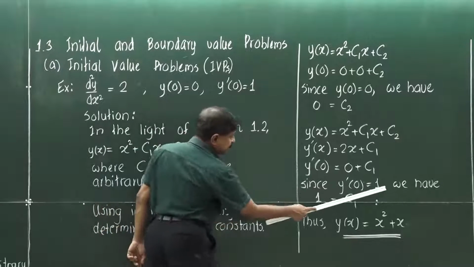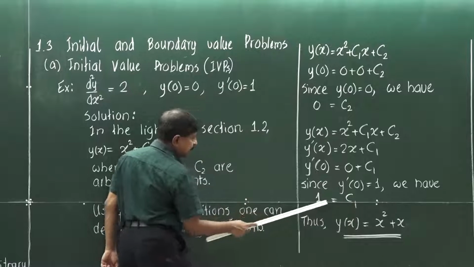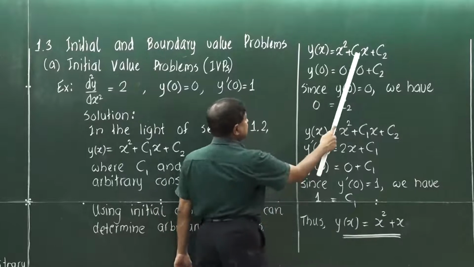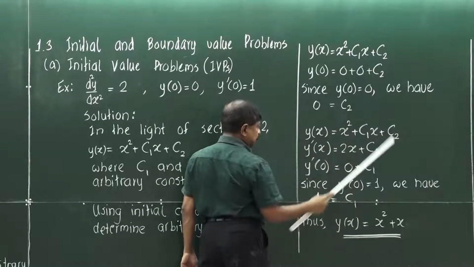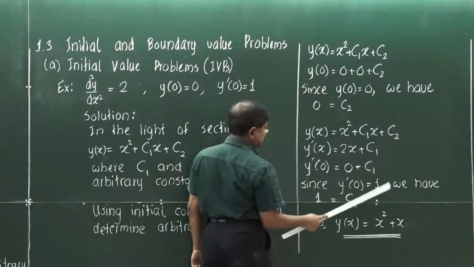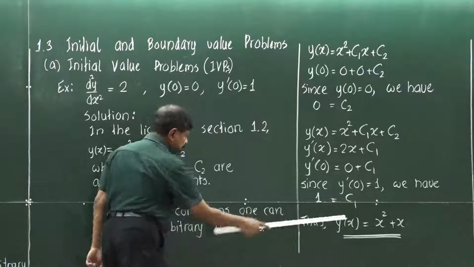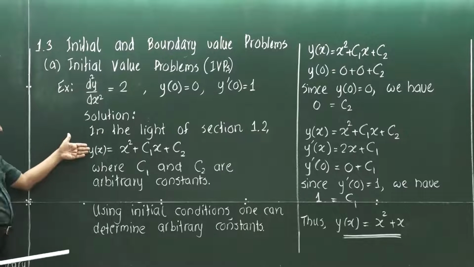Since y dash naught is equal to 1, you plug in that, you will get C1 is equal to 1. So, now plug in those values in the general solution, C1 is 1 and C2, I am sorry, C2 is 0. So, C1 is 1, constant term is 0. So, this is the solution. That is a special solution for that problem and this is the general solution, right.